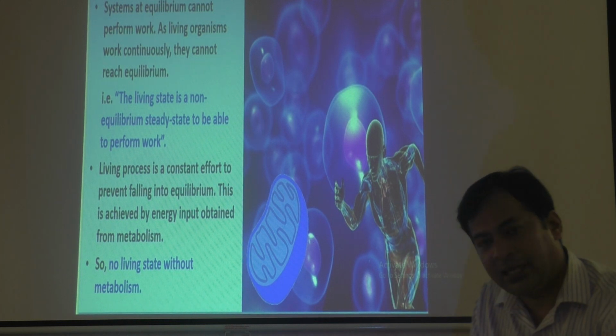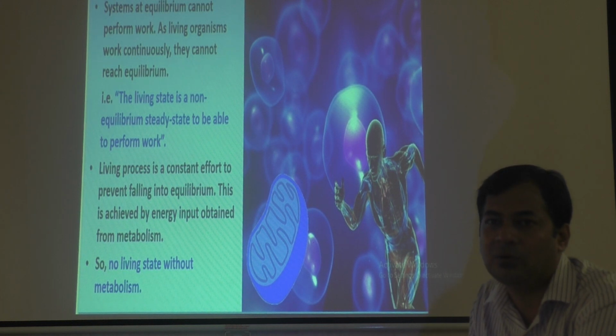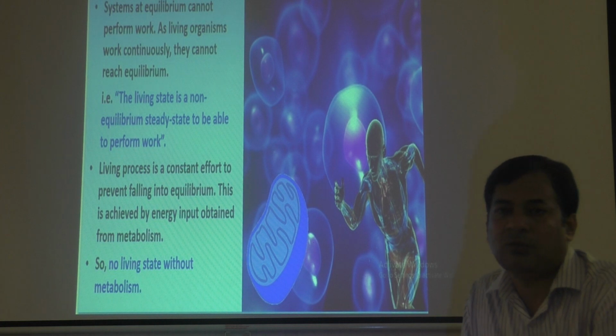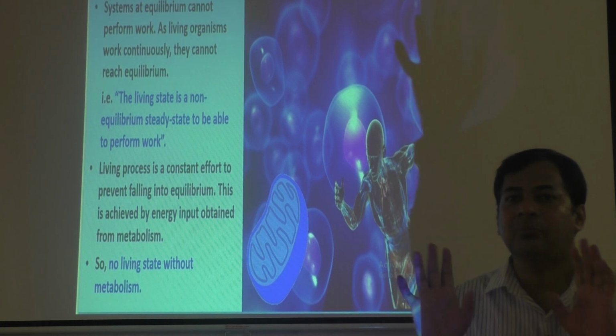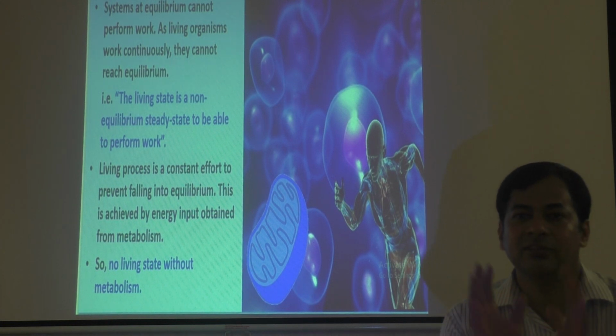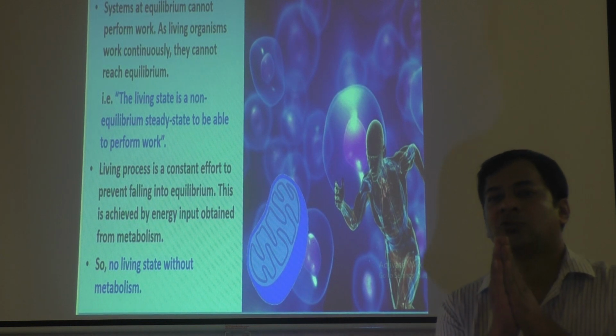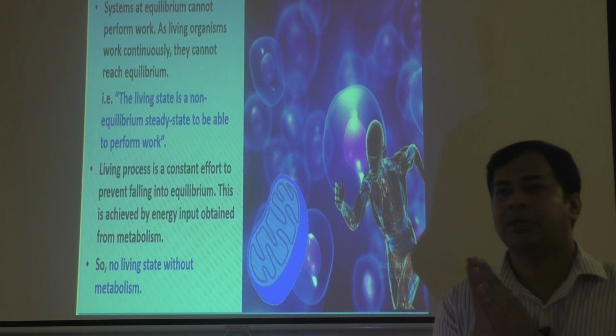That means a dead body cannot have metabolism. In a dead body, metabolism is zero. When the person is dead, his body will not have any processes, because all the processes in our body together we call metabolism, but a dead body doesn't have metabolism. So, if the living system is there, that means there is metabolism.